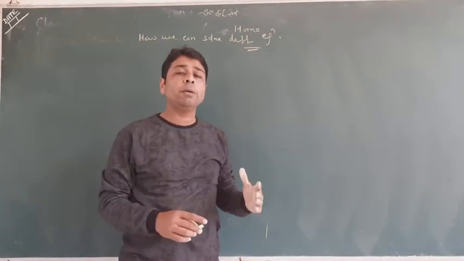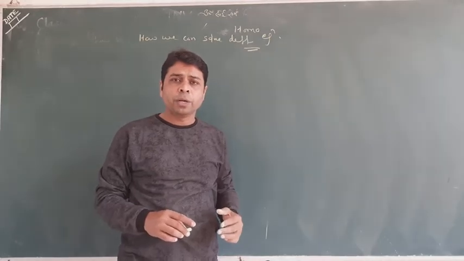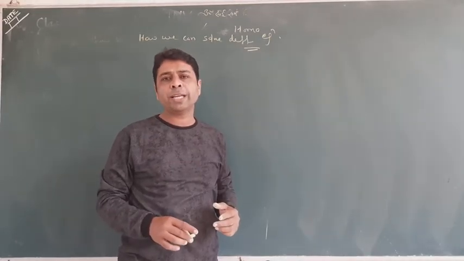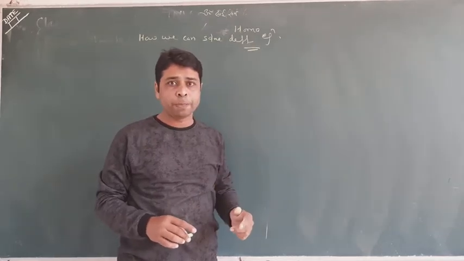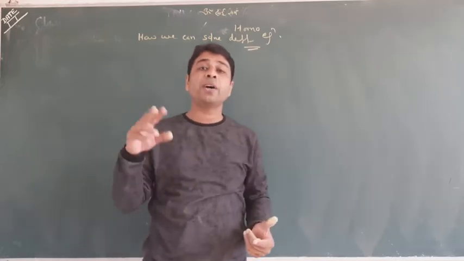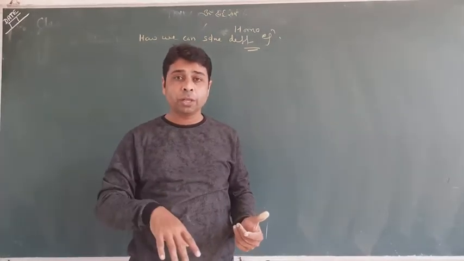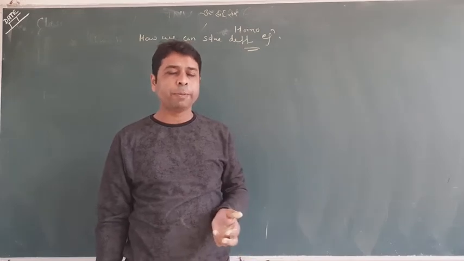When a question comes in front of you in an exam or while practicing, you must first think about what kind of equation it is and what method we can use. When the terms of x and y are in multiplication or division, we definitely use the variable separable method.